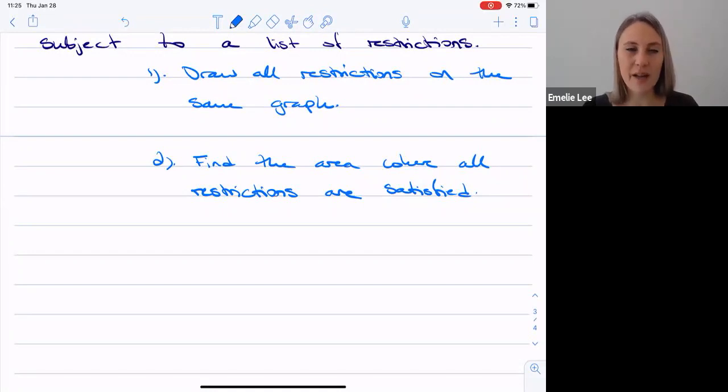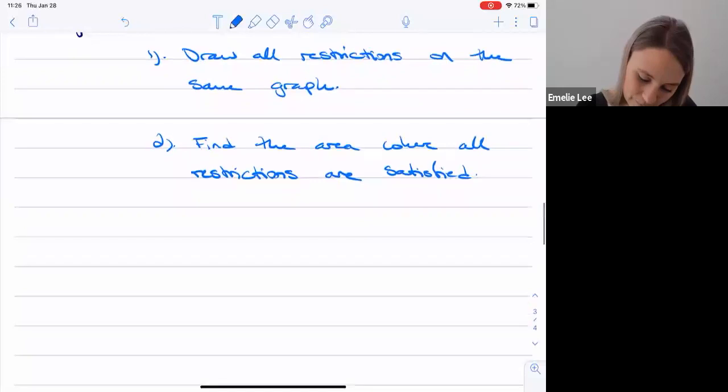I'll go through the list of things that we're going to do first, and then we'll do an example. It's going to be one of those things where we'll have to do a couple of examples before it makes sense, so just hang tight and trust that it's going to come together.